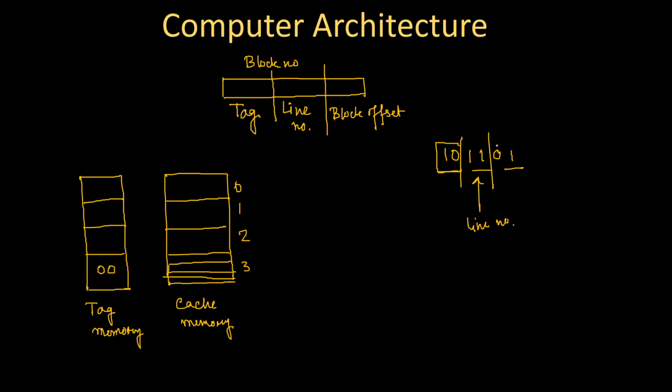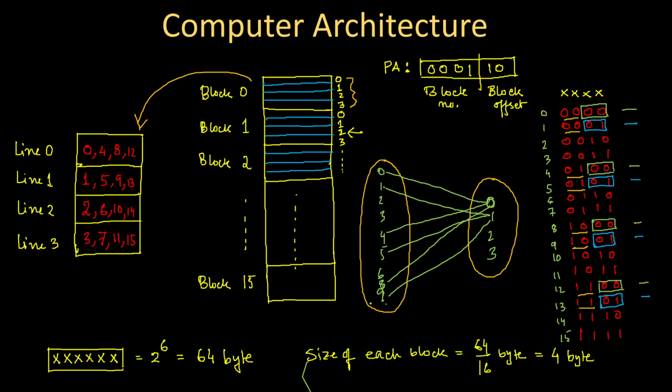In this way the communication is mapped, and the technique that we have discussed is called direct mapping. This is direct mapping. And what is direct mapping saying?